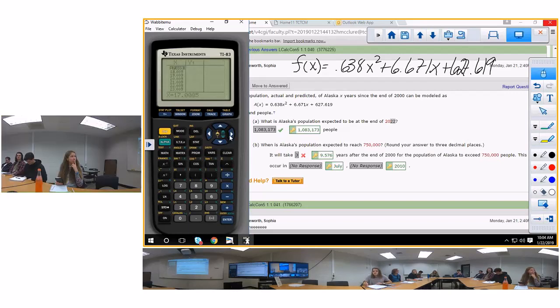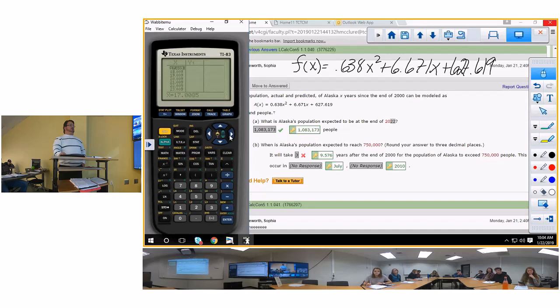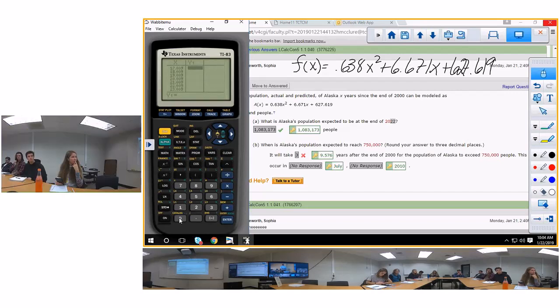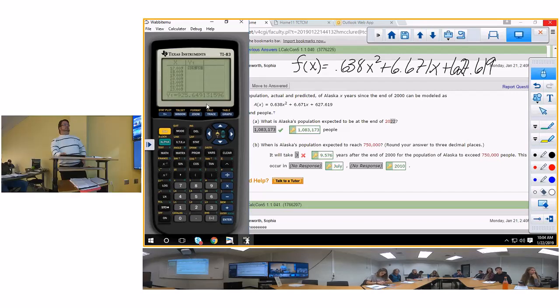See, I've never got it to work right. What is 7,500? See, I don't know why it won't. There it is. I did get it to work. But it says 9.56, 750,000. So maybe I need to put in 750,000. I don't know how that works.